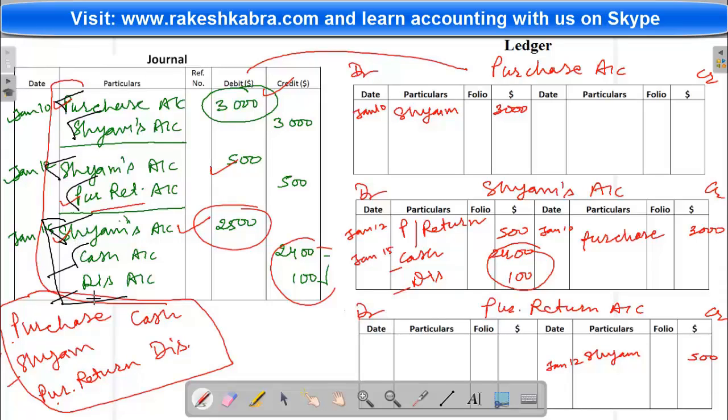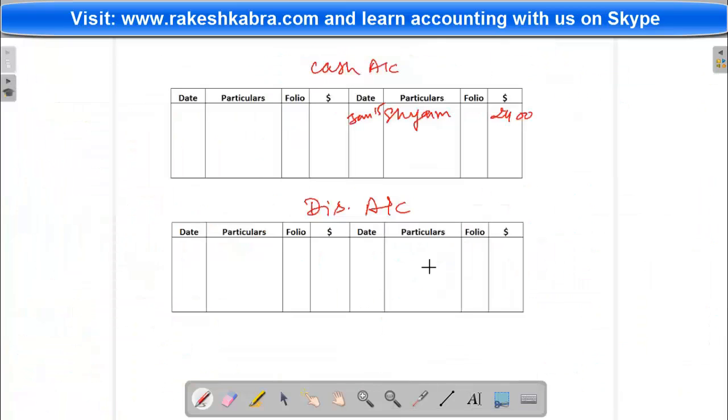Now we are to make posting in which account? Discount. Now is the discount account credited or debited? It is credited with $100. It's credited, so on its credit side I will write $100.